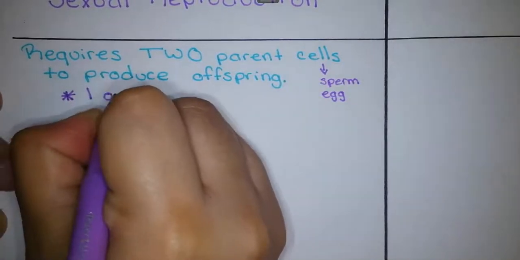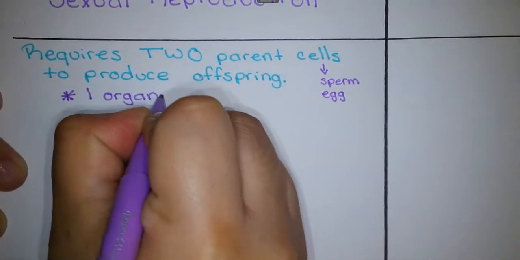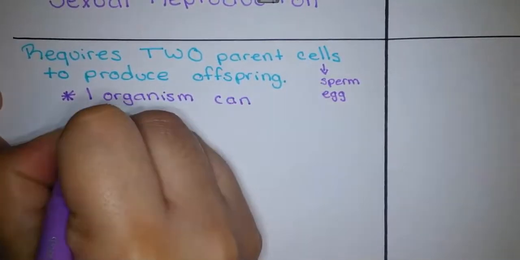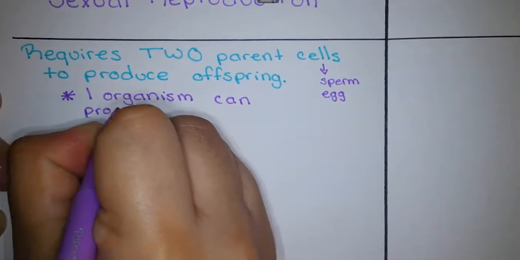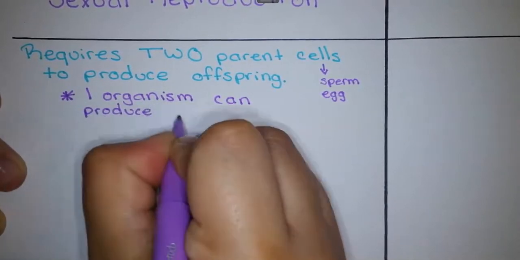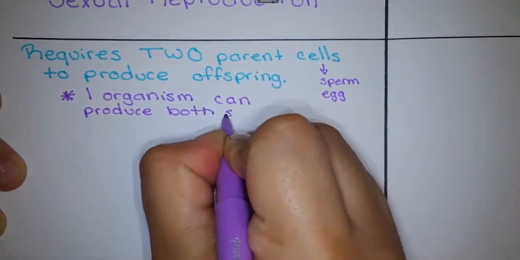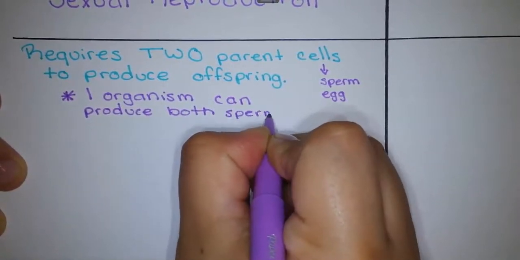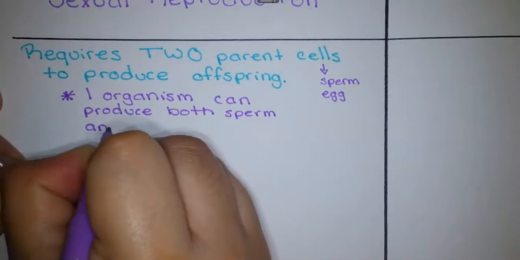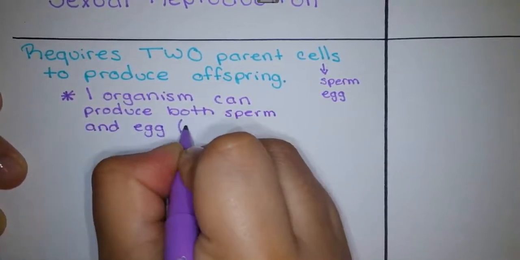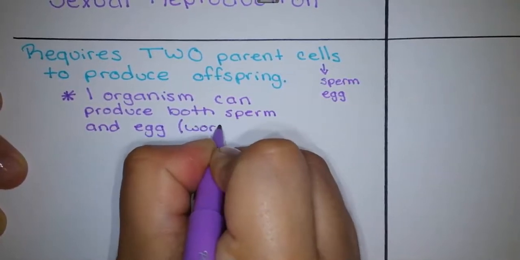One organism can produce both sperm and egg. Okay, an example would be a worm.